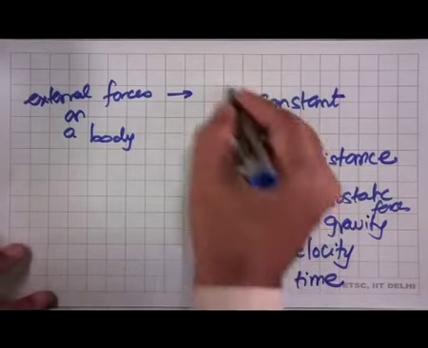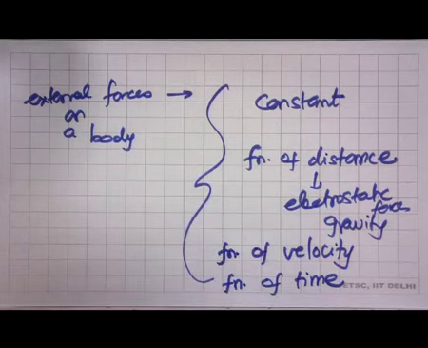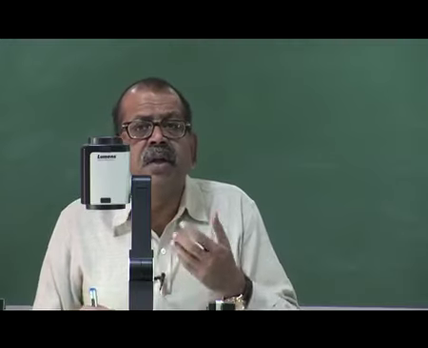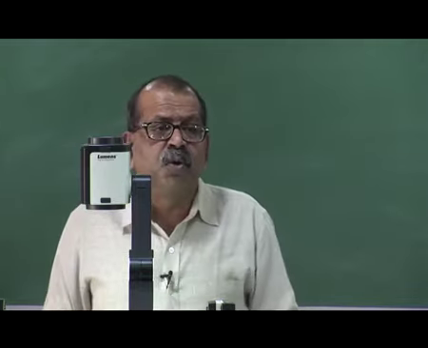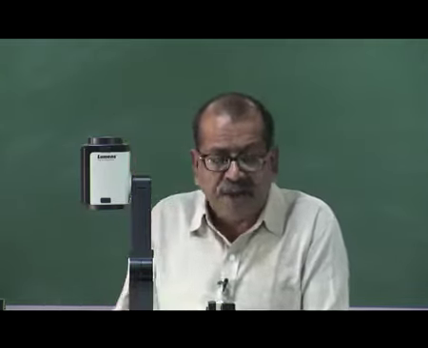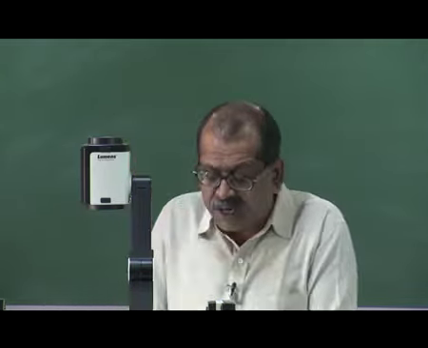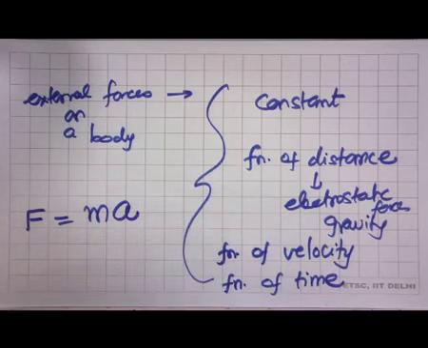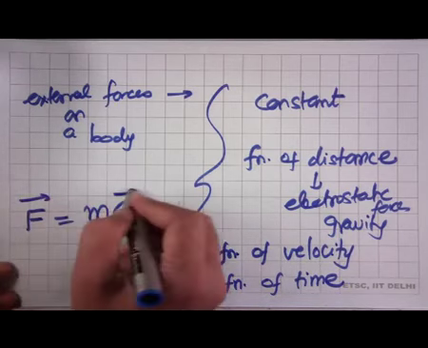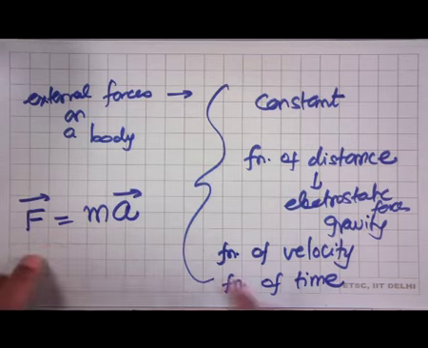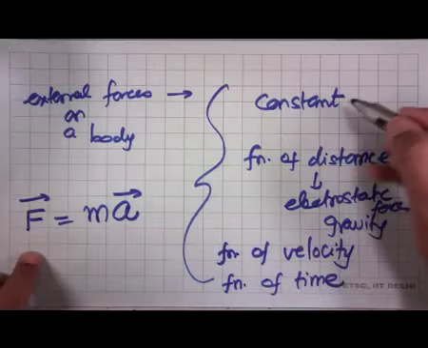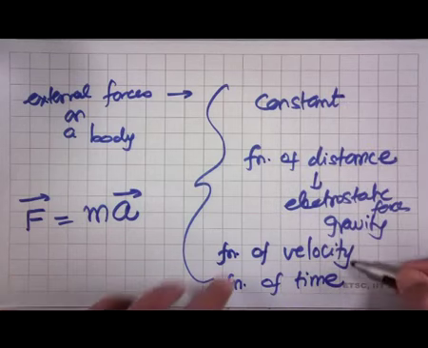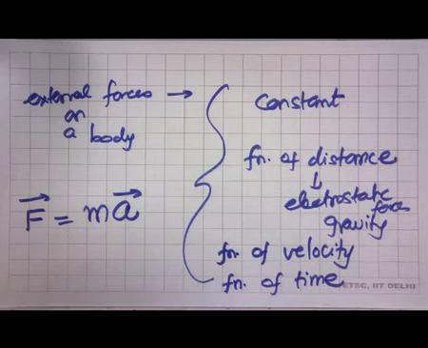And in each of these cases, the way we will solve the problems will depend on how these forces are acting, because eventually what we will put is that the sum of external forces on the body is equal to mass times acceleration. So, this is Newton's law, but the way we attack the problem will depend on whether the force is constant, a function of distance, a function of velocity, or a function of time.